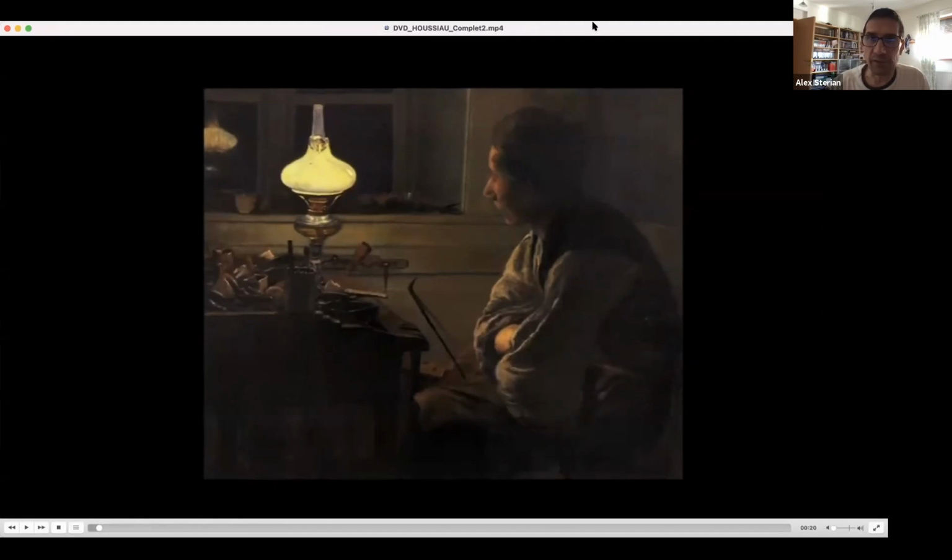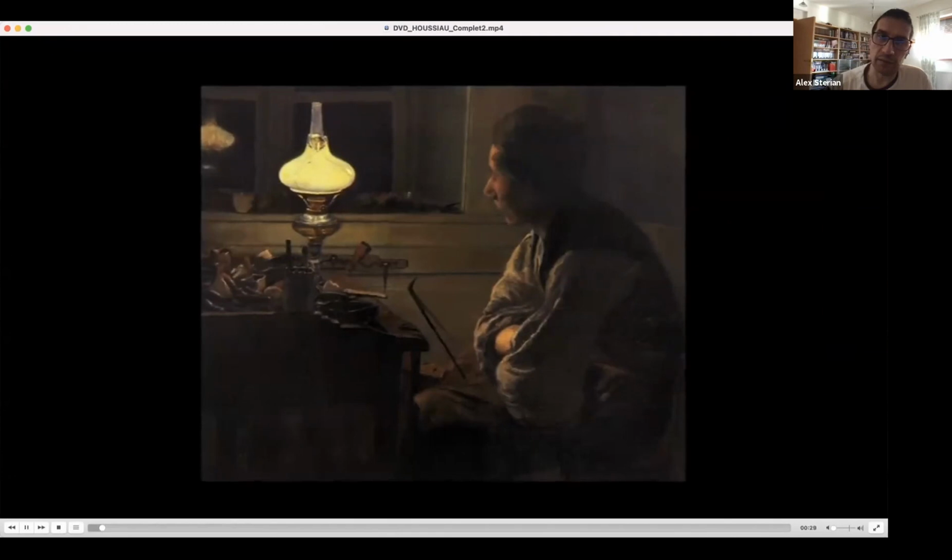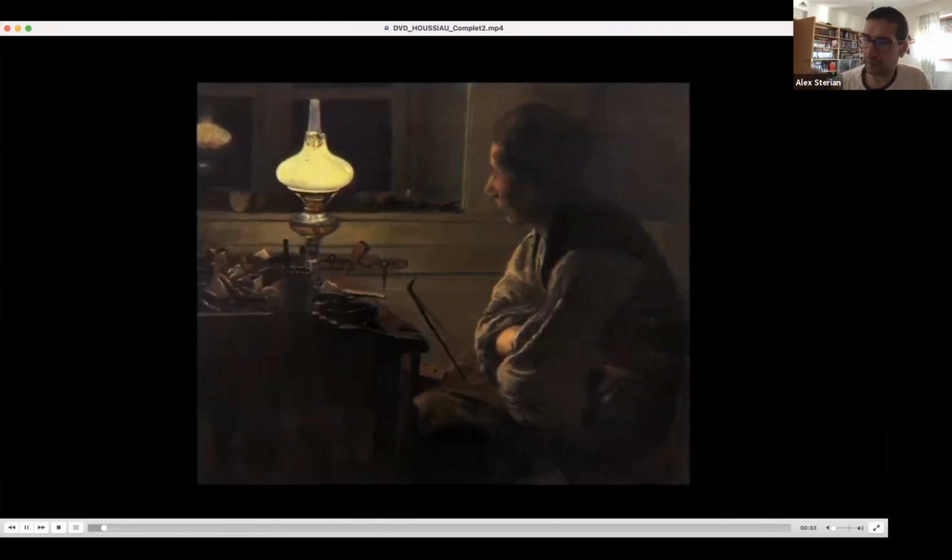So this is the painting, and it's one of the painters who made it. It's from the Baroque era, the 17th century, I think. I'm not turning on the sound because it's in French and it's going to be confusing.